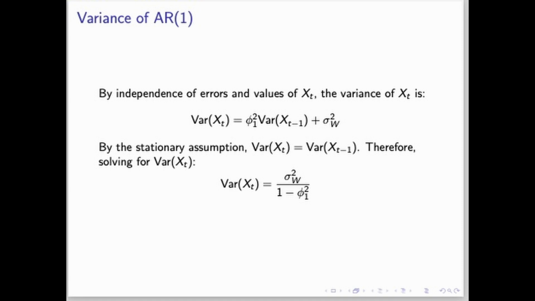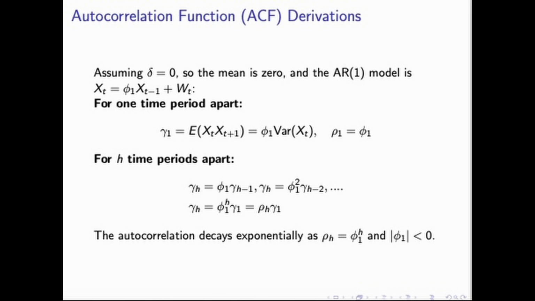Then sigma squared x equals phi 1 squared times sigma squared x plus sigma squared w. Solving for sigma squared x, we can express it as sigma squared w over 1 minus phi 1 squared. Again, the absolute value of phi 1 must be less than 1.